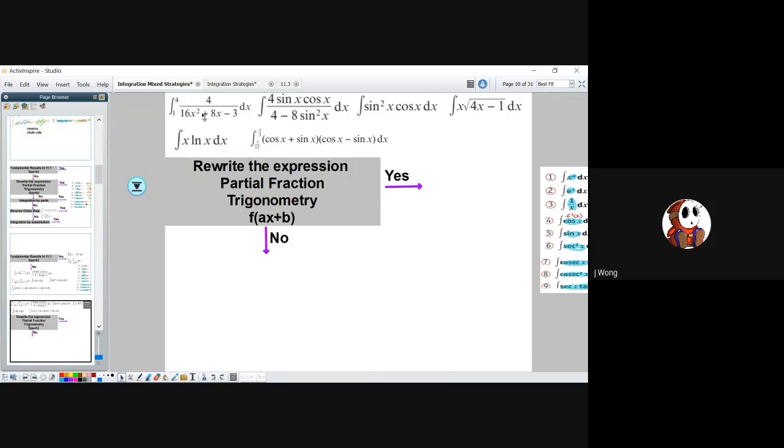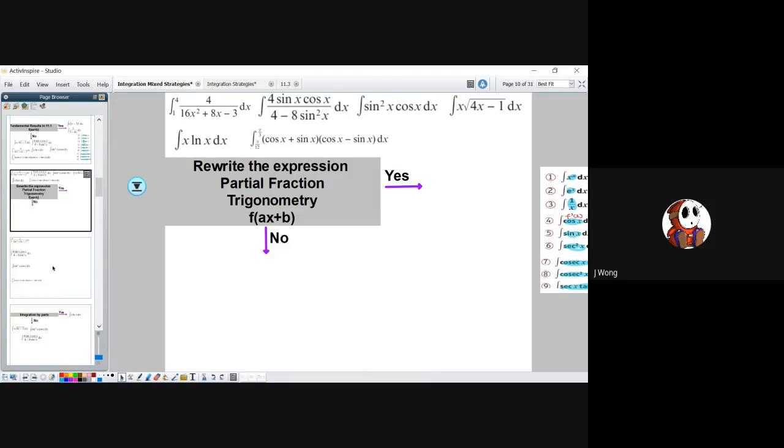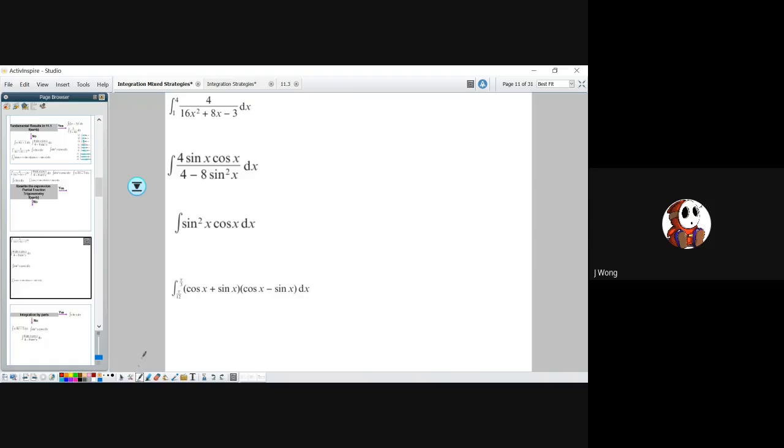So for the first one, it's 4 over 16x squared plus ax minus 3. Could we rewrite using possibly partial fractions or trigonometry? Yes, we could rewrite that using partial fraction. Let me just have a quick working out here.